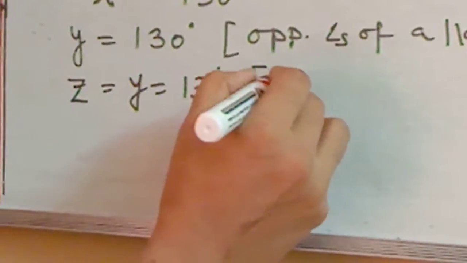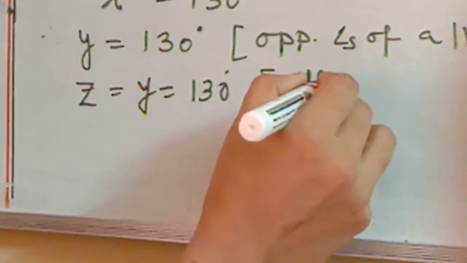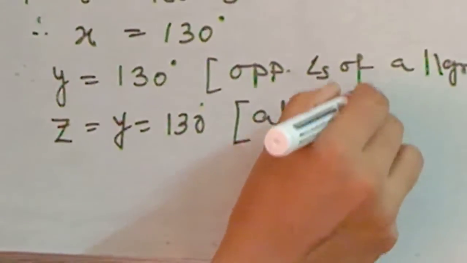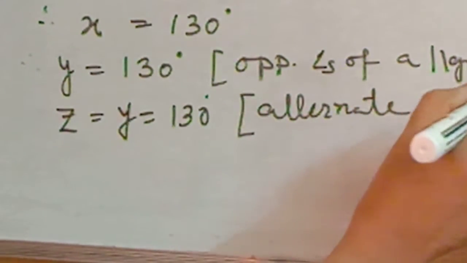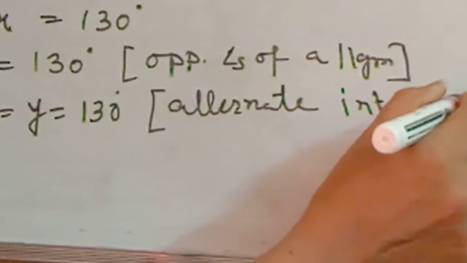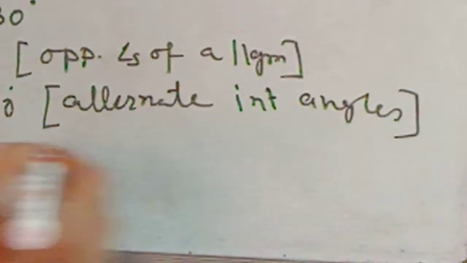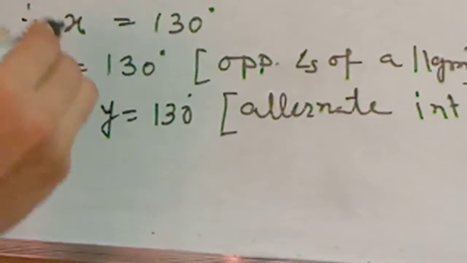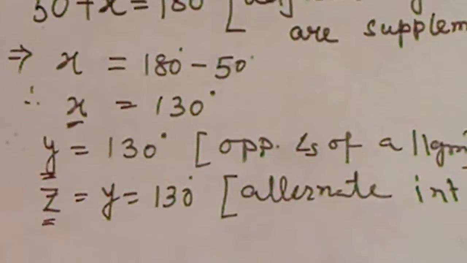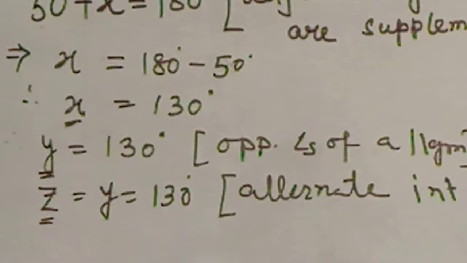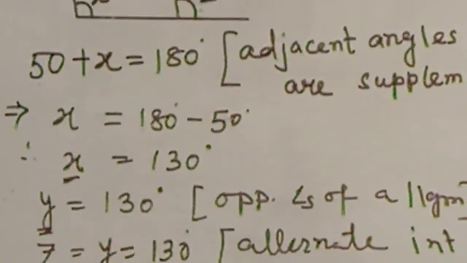What reason will you give? Alternate interior angles are always equal. So you can find out the value of x, then y and then z. You have to find the values of x, y and z, so it is very clear.